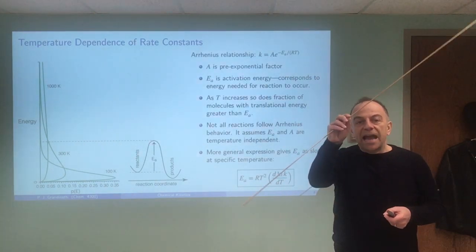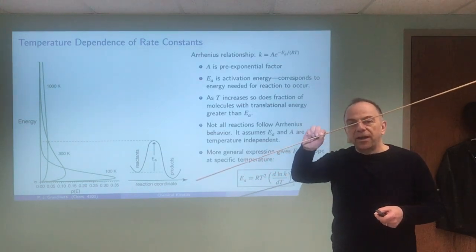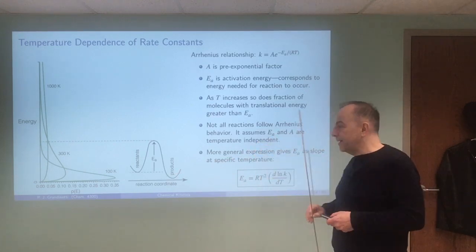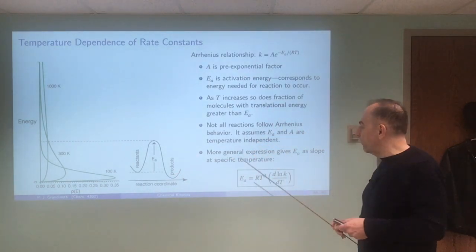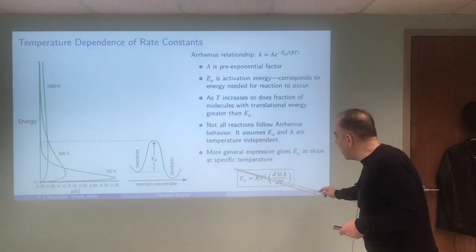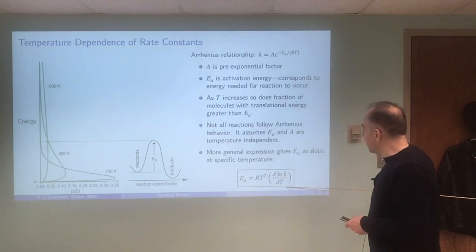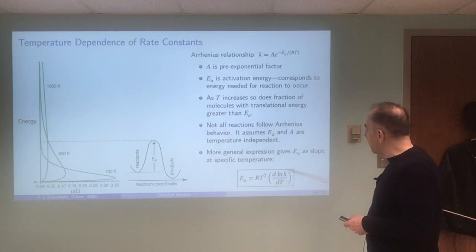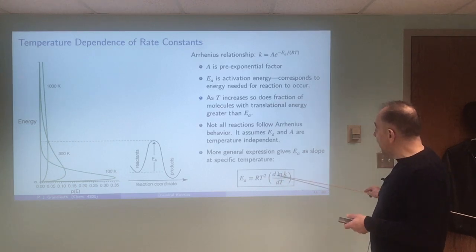We'll just take the activation energy as the slope of the log of k versus 1 over T at any point along the 1 over T curve. So we'll define the activation energy in this more general form as RT squared times the derivative, d ln k dT.